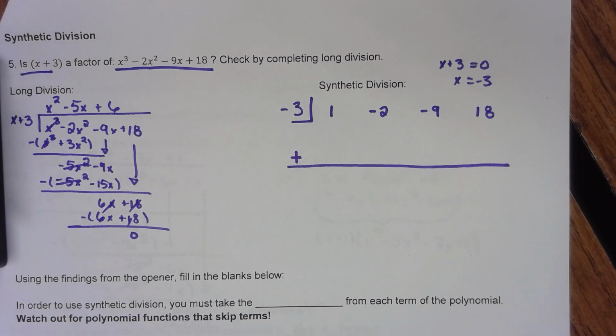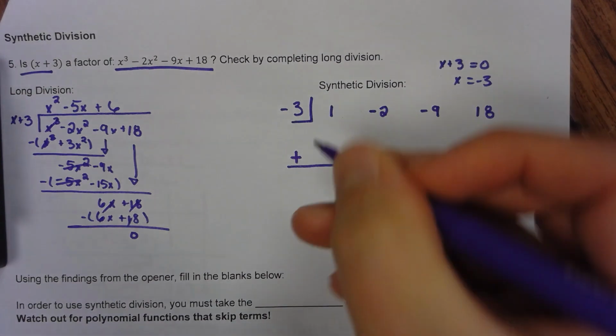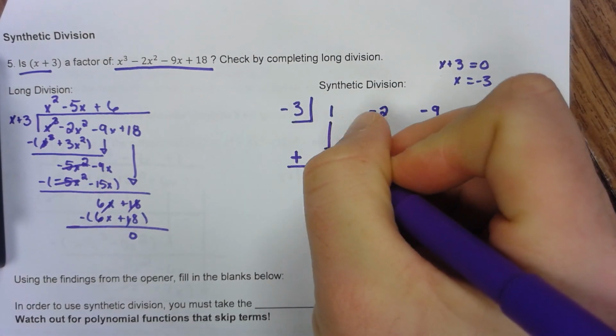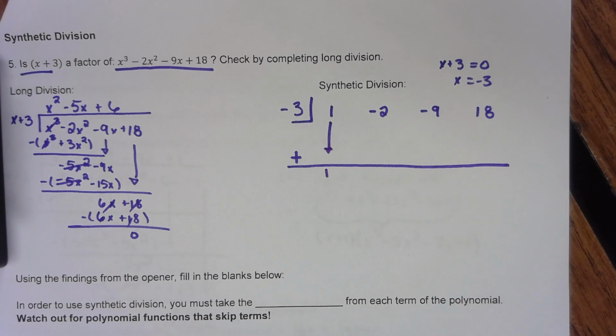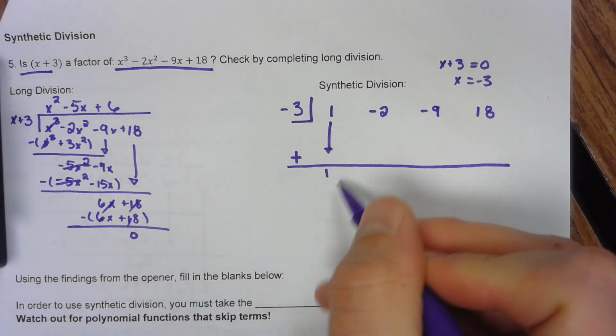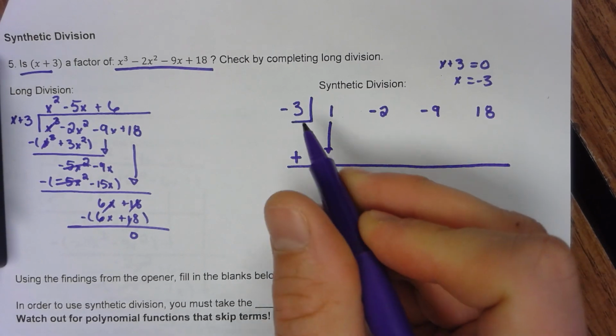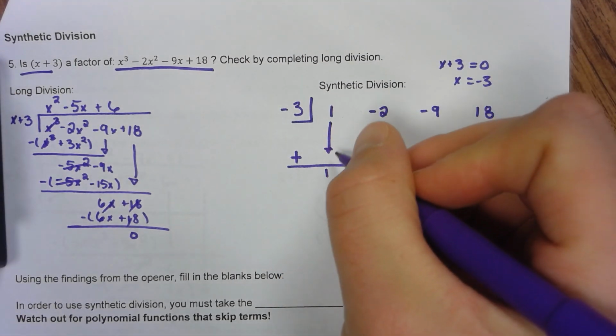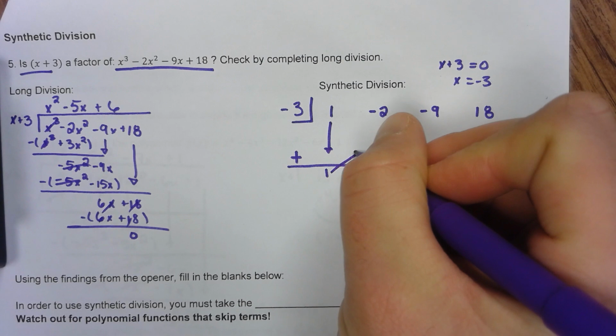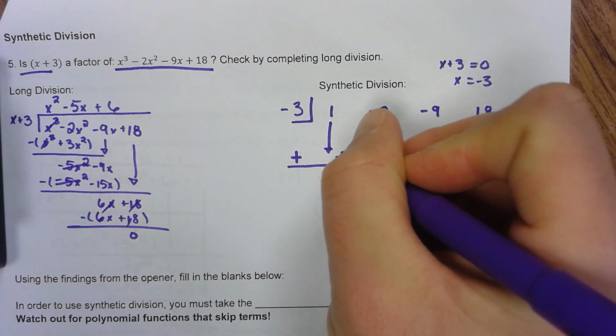All right, so here's how this process goes. Every single time, you take this first number after the chair and you just bring it down. We don't do anything to it. Then we're going to take this number that we just brought down and multiply it by the number in the chair. And we're going to place it underneath the next coefficient.